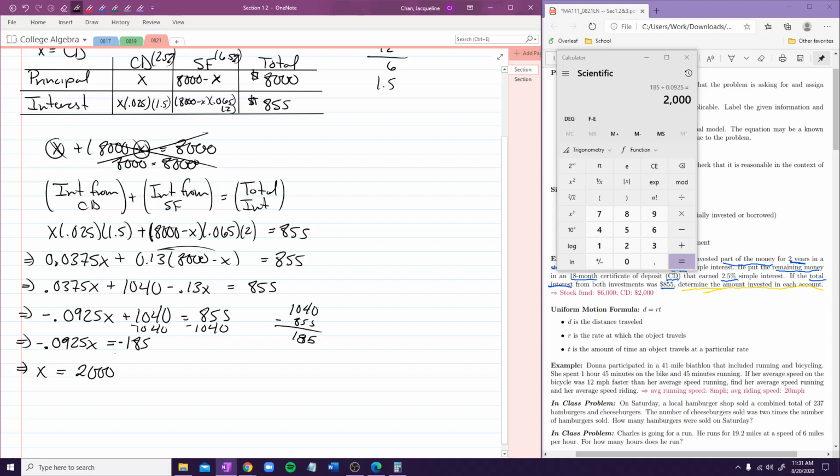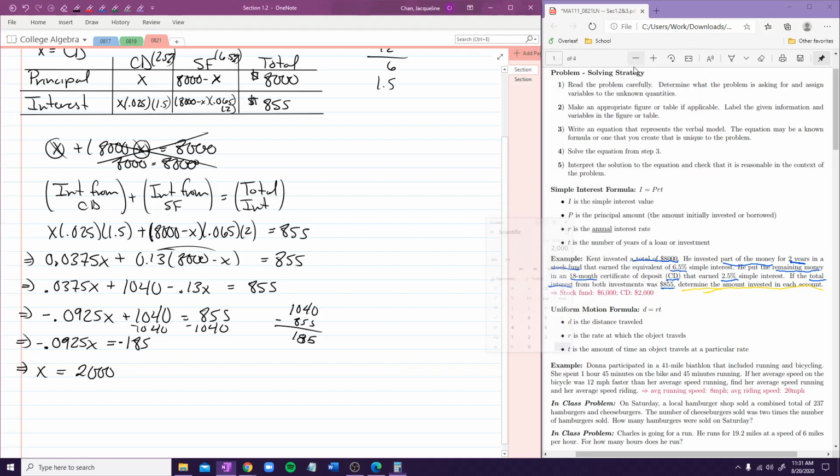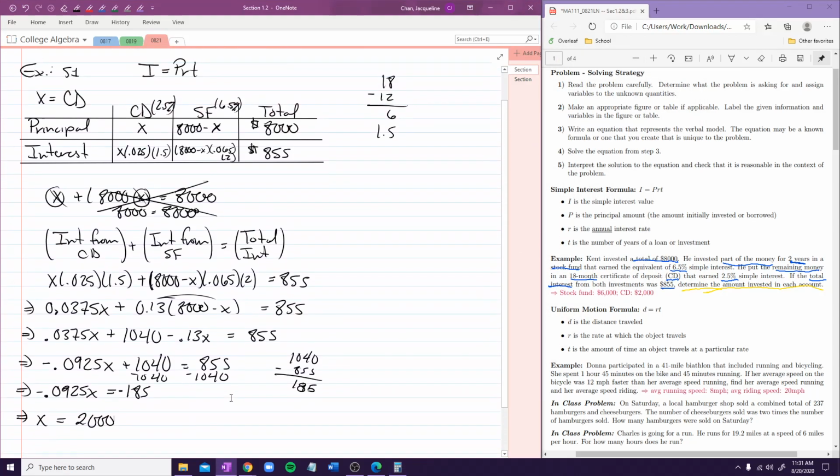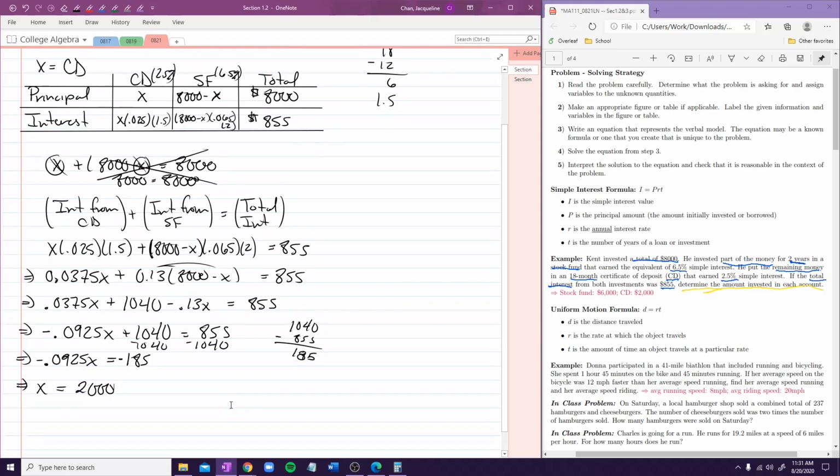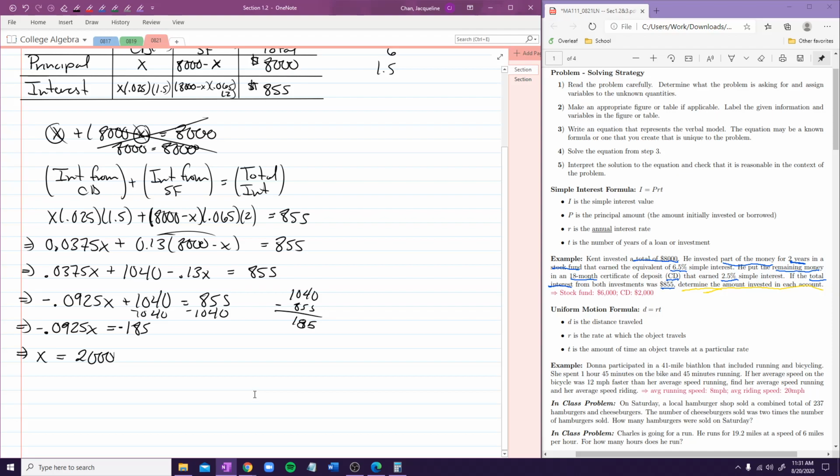But before we say that this is our answer and before we find the amount he invested in the stock fund, let's make sure that this is correct. So what am I going to do for the CD? We know the interest is equal to x times 0.025 times 1.5.